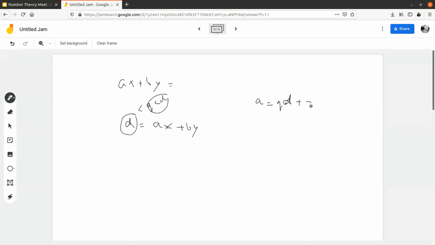So now you get this remainder R by dividing A with respect to this smaller number. Similarly, you get for B, B equals Q2 D plus R2. Yeah. So now I can represent R as A minus Q D. This makes sense, right?